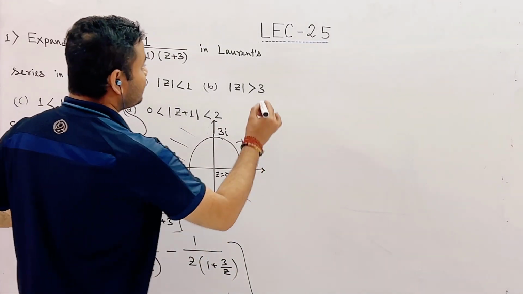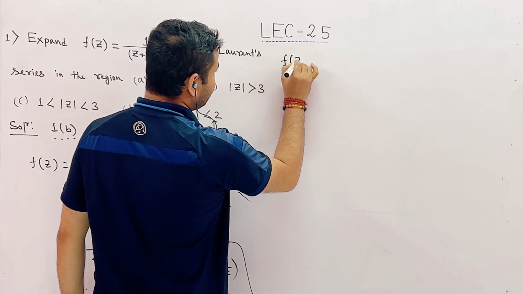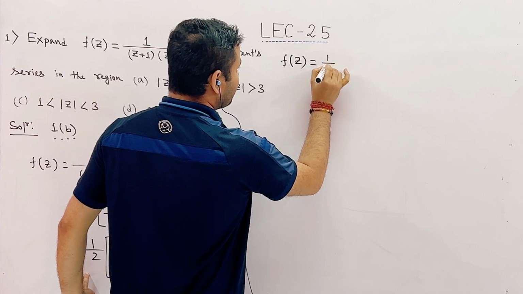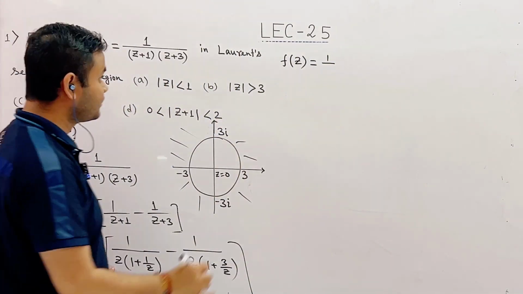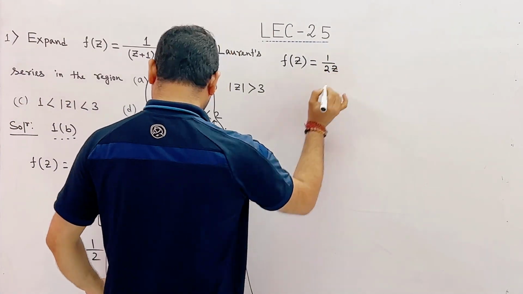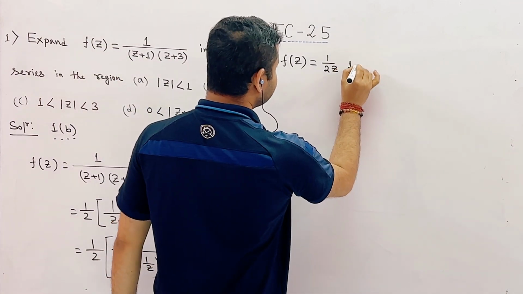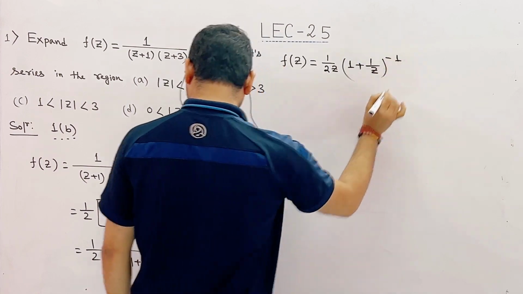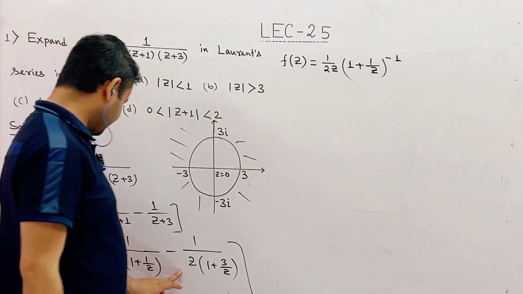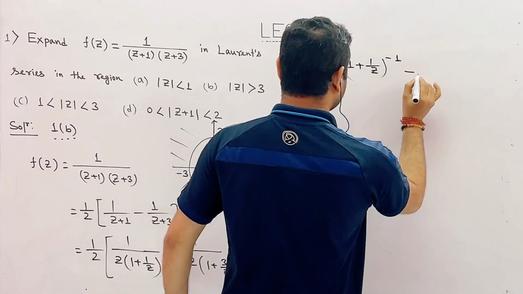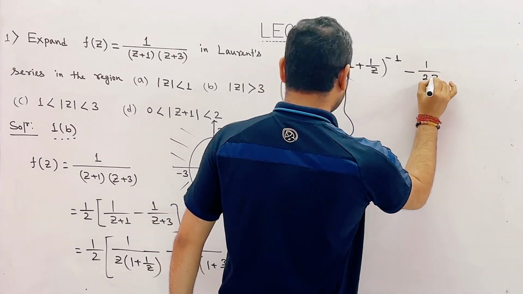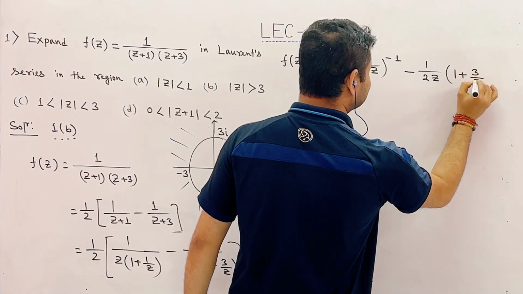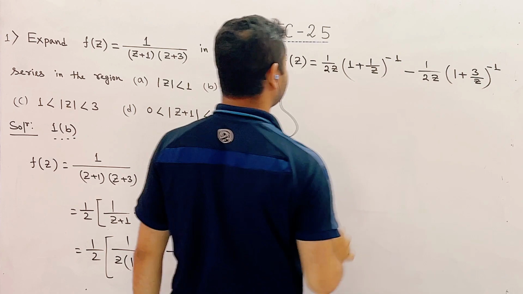So, finally, we can write f of z is equal to 1 by twice z into (1 plus 1 by z) whole to the power minus 1. Next term minus 1 by twice z into (1 plus 3 by z) whole to the power minus 1.